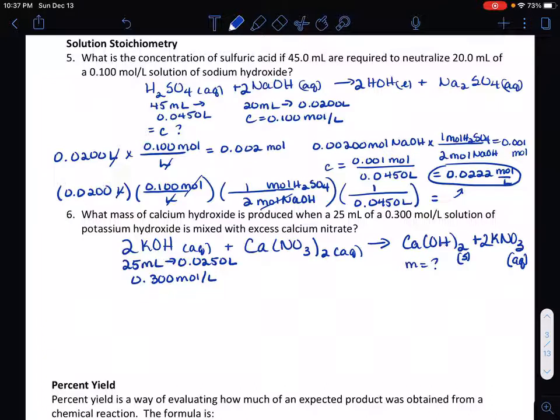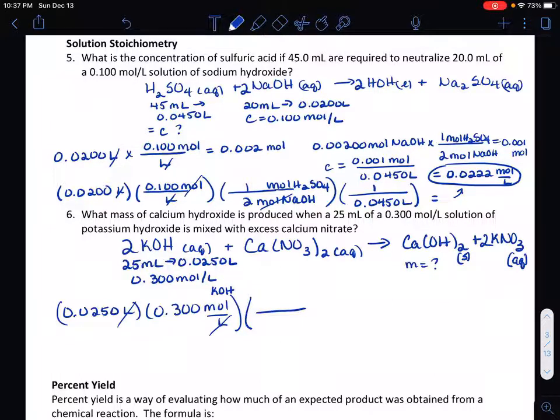All right, so I can find the moles of my calcium hydroxide. So 0.0250 liters times 0.3 moles per liter. And that gives me moles of potassium hydroxide. And you can write that if you need to. I find that I don't at this point.